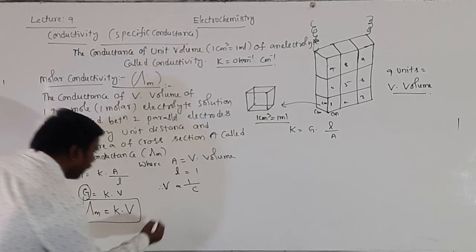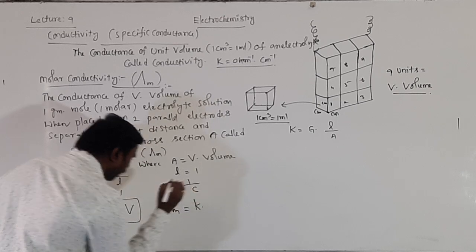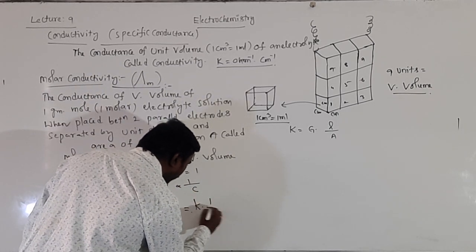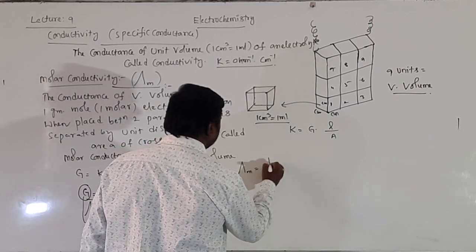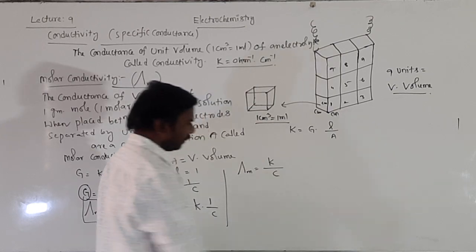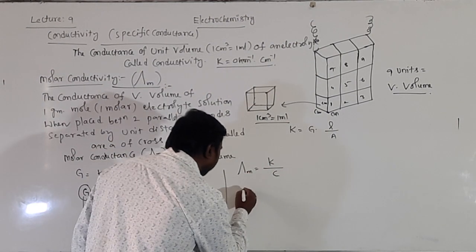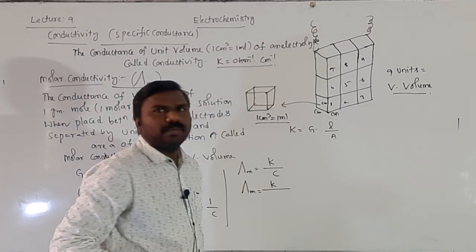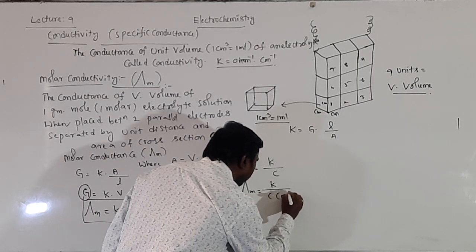Then in place of V in K into V, it is replaced by 1 by C. Simply you can take it as lambda m equal to K by C, where C indicates molarity.